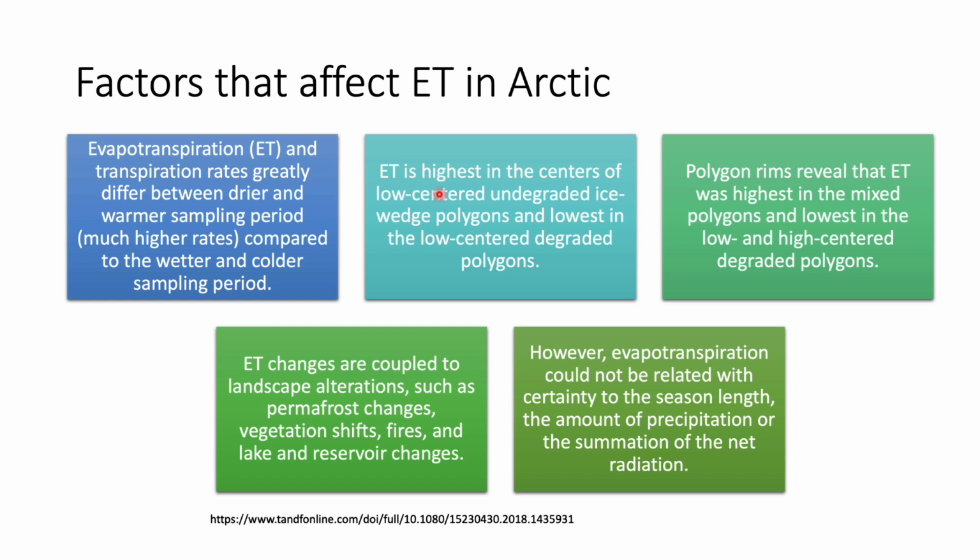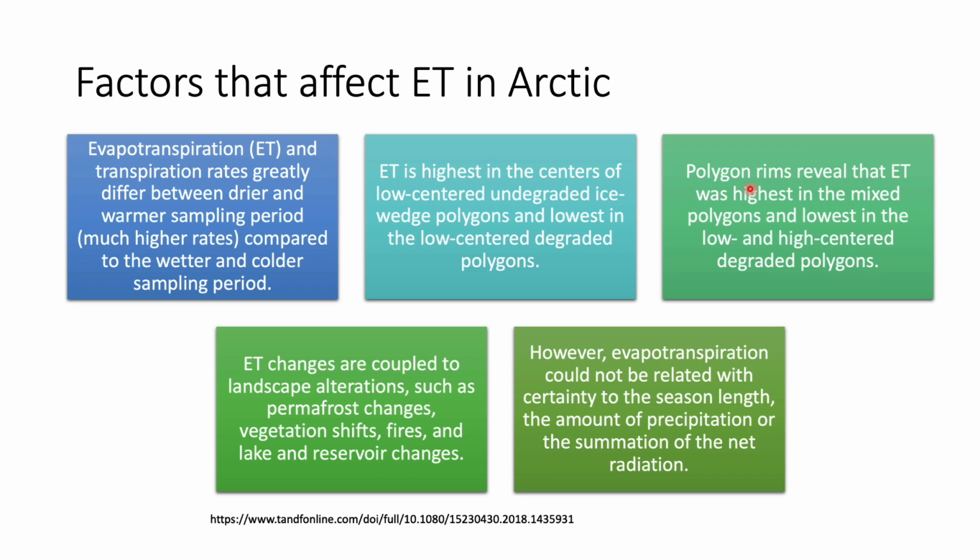And evapotranspiration is highest in the centers of the low centered ungraded ice wedge polygons and lowest in the low centered degraded polygon. So that means we have seen the thermokarst lakes that are being formed. So the evaporation at the ridges or at the end of that water lake and the middle of the water lake are going to be different. So that is what is given here.